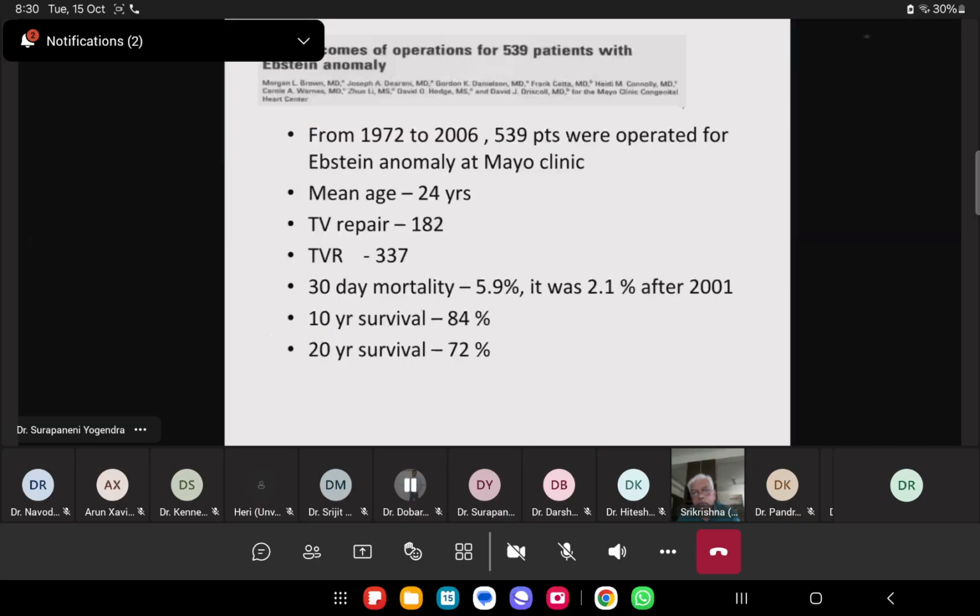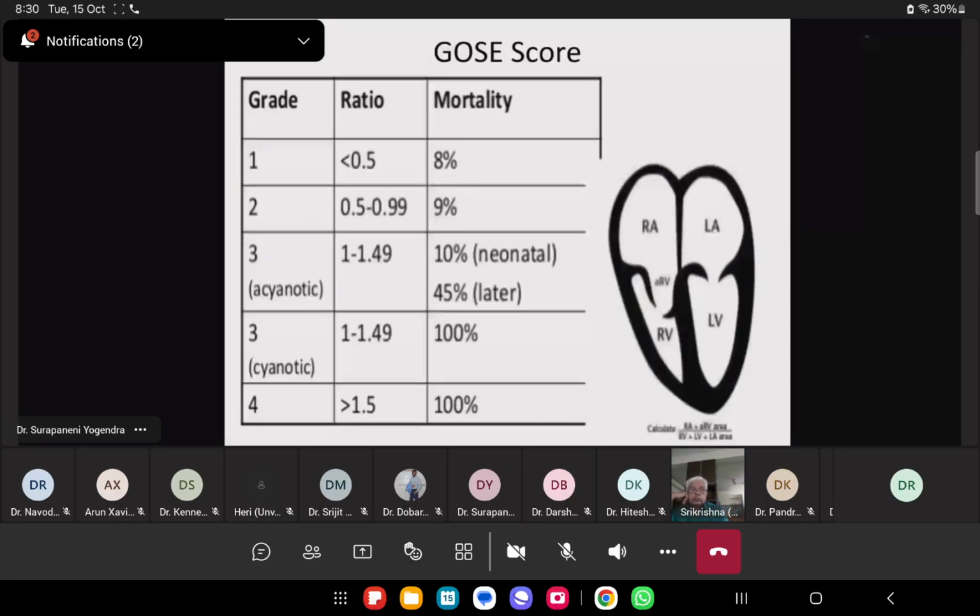This is the ratio. If it is less than 0.5, very good. Most of them survive. You said 8% mortality; some people say 0%. The second is when it is between 0.5 and 1.5. Above 1.5 is the ratio where almost 100% fatality is there. In the second type, sometimes it's described as acyanotic and cyanotic. The mortality depends on the GOS score.